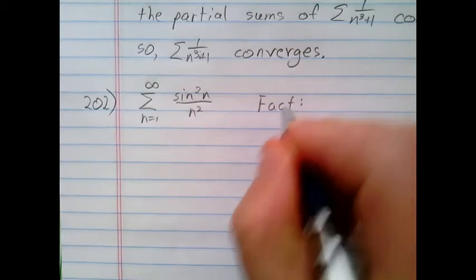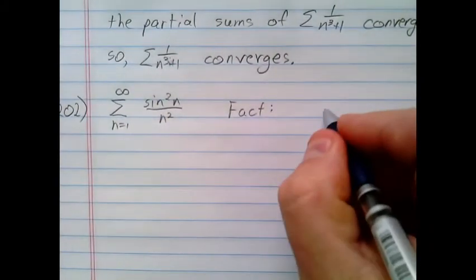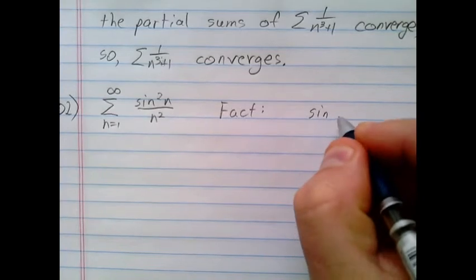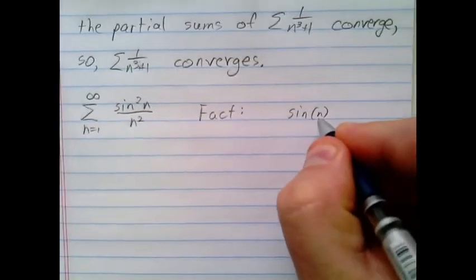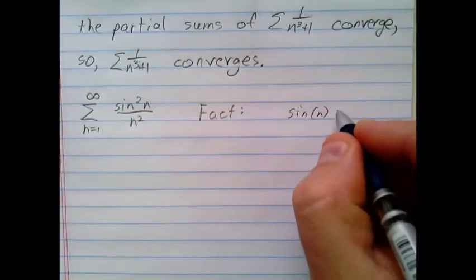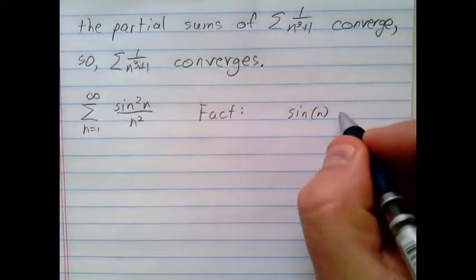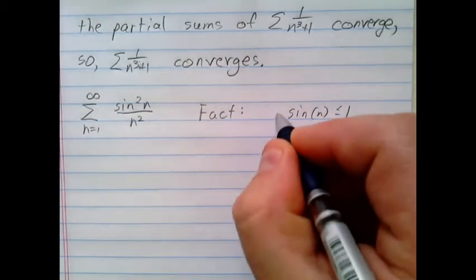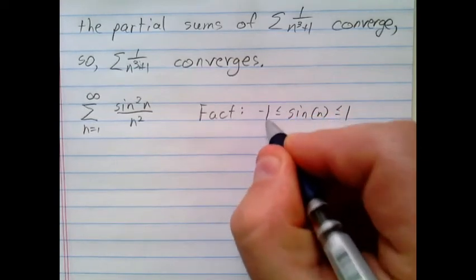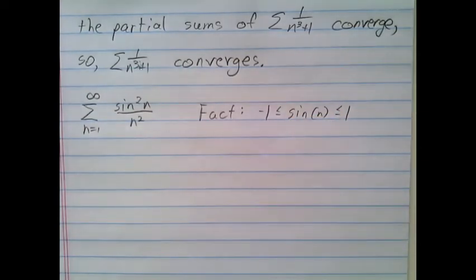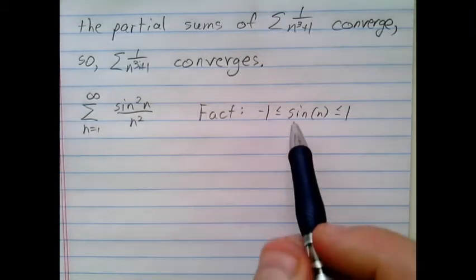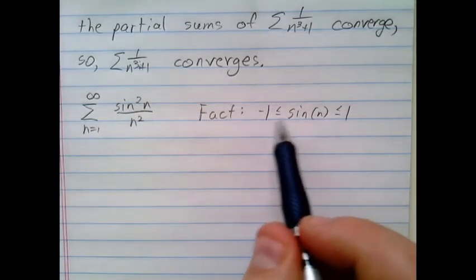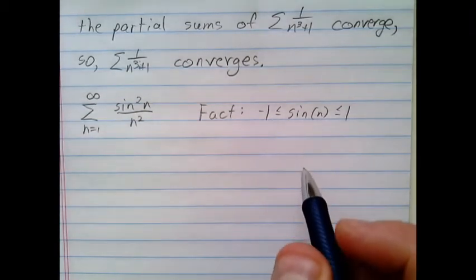Fact: sine of n. This is just a fact from trigonometry. Any output of the sine function has to be less than or equal to 1, but also greater than or equal to -1. So the absolute value of sine is between -1 and 1.